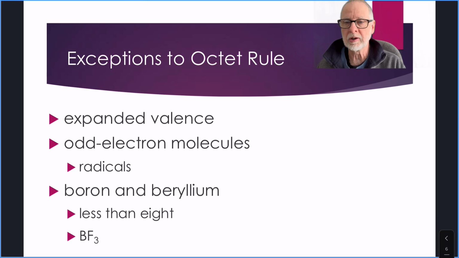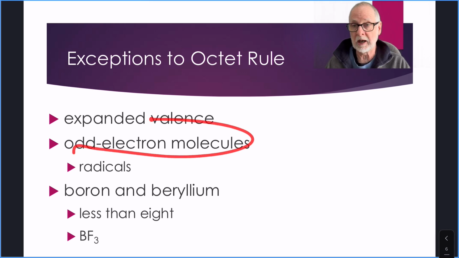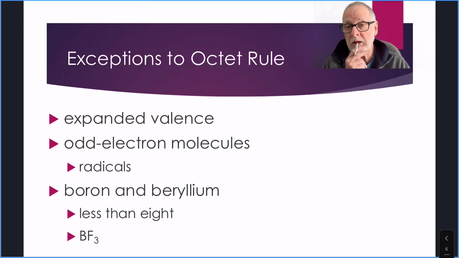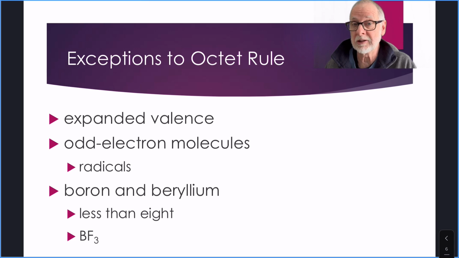You're going to have more than 8 electrons around the central atom. Of course, if you've got an odd number of electrons, then clearly you're not going to be able to satisfy the octet rule, because you need an even number of electrons in order to have the octet rule satisfied.